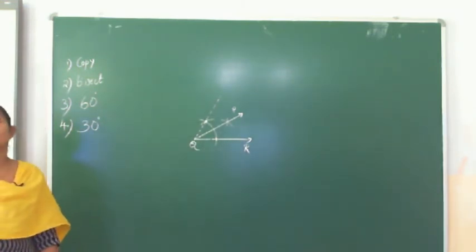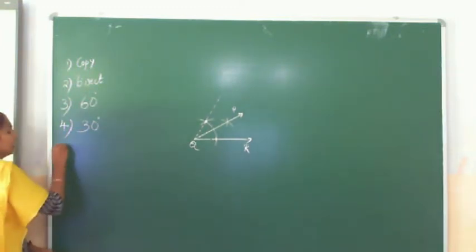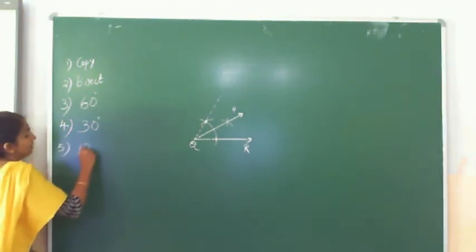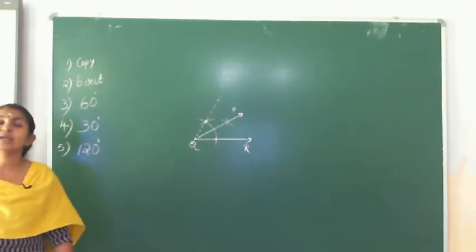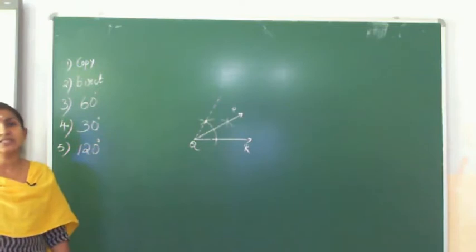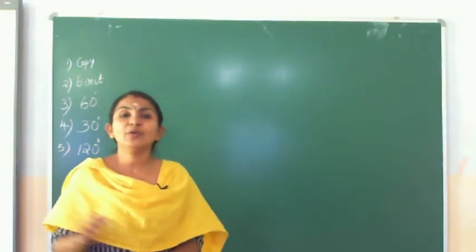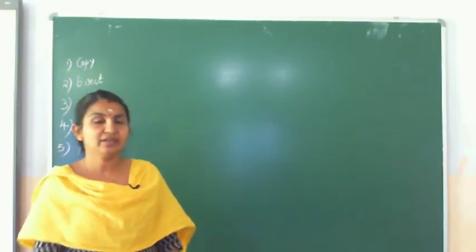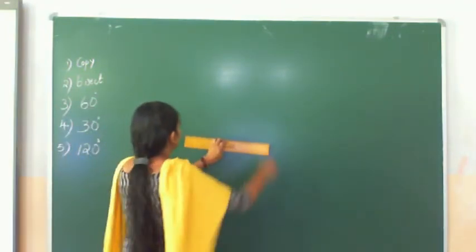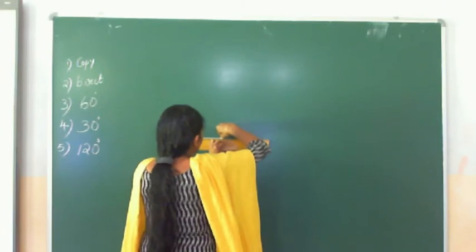Now we are moving towards the next one, that is how we can construct 120 degree. So for drawing 120 degree, first we want to draw 60 degree. For that what we need? First a line segment.